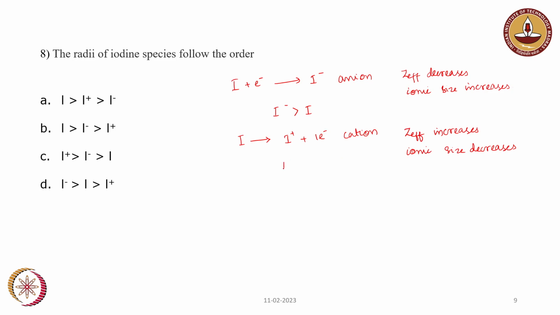So the radius of I plus will be less than that of I. If we combine, it will be I minus greater than I greater than I plus. So option D is the correct answer.